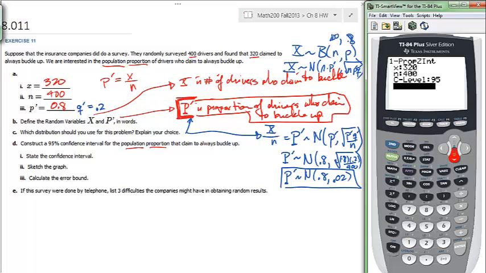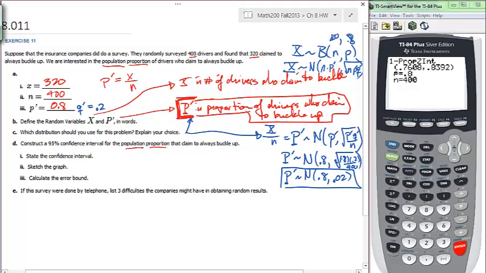Then we'll ask it to calculate, and it looks like we're between 0.7608, or 76%, less than our proportion that we're looking for, and 0.8392, so 83.9 or 84%. This is our confidence interval, and sketch the graph.